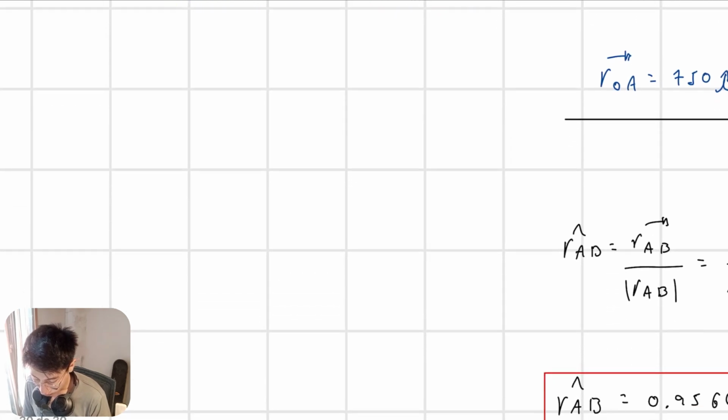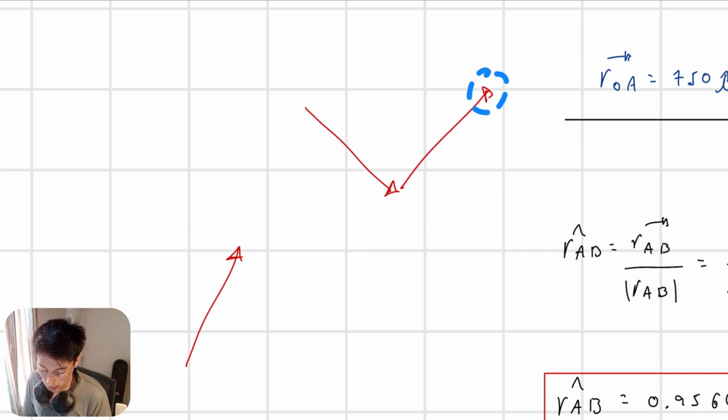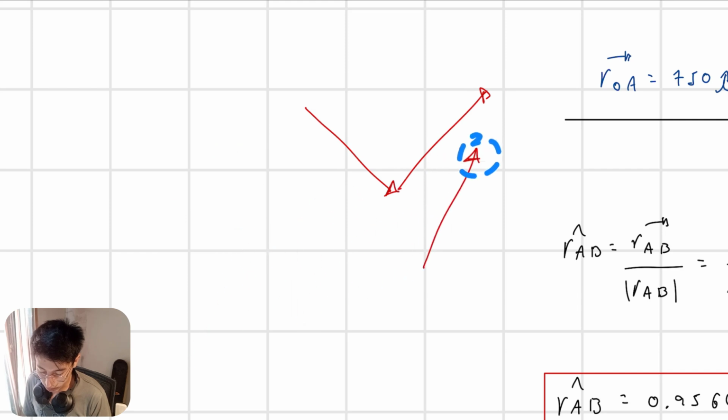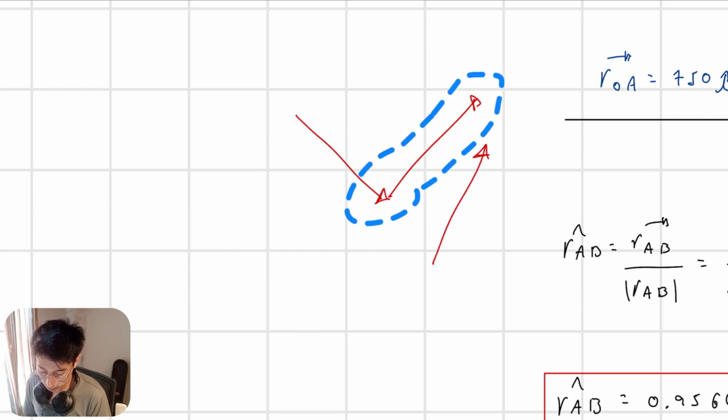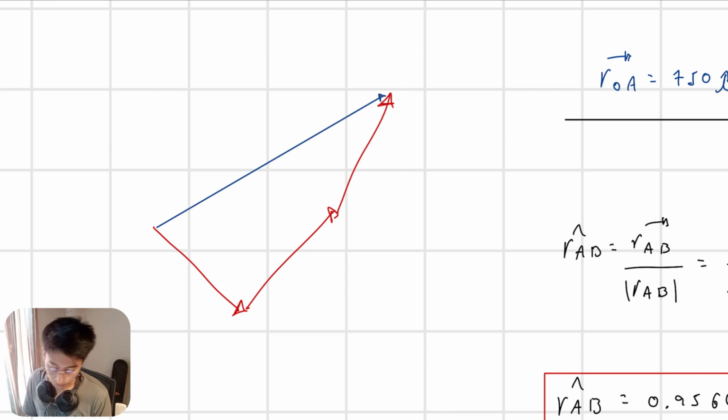For example, we have this vector, this other vector, and this other vector. The summatory between those three vectors is going to be equal to this. All right?